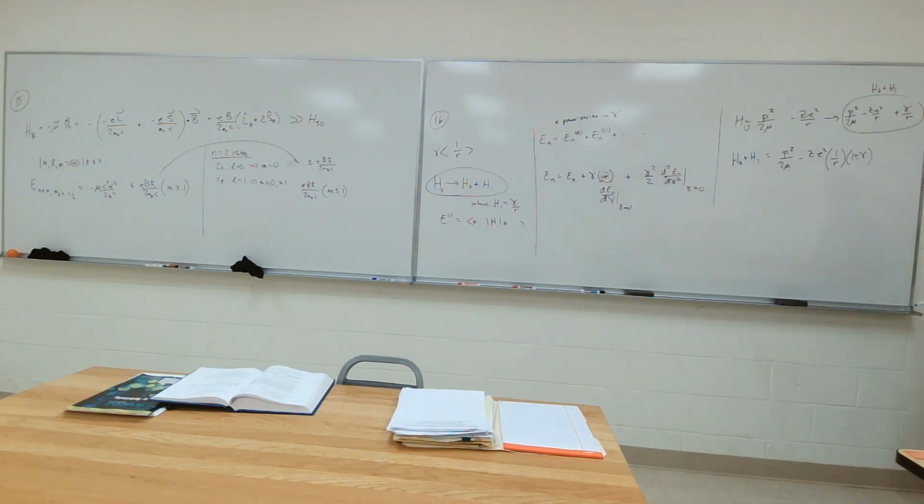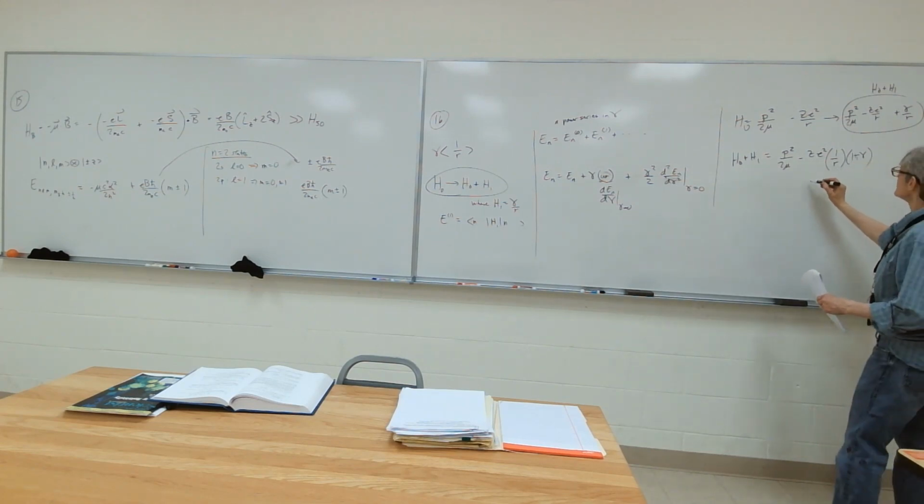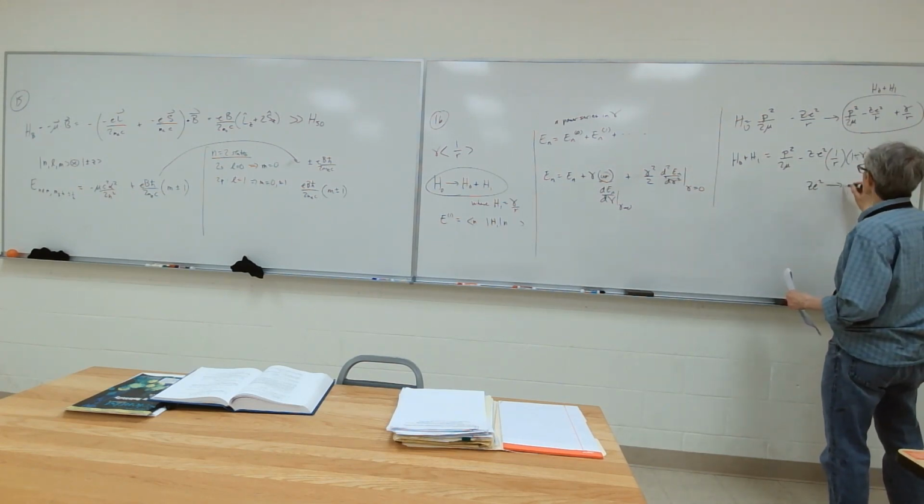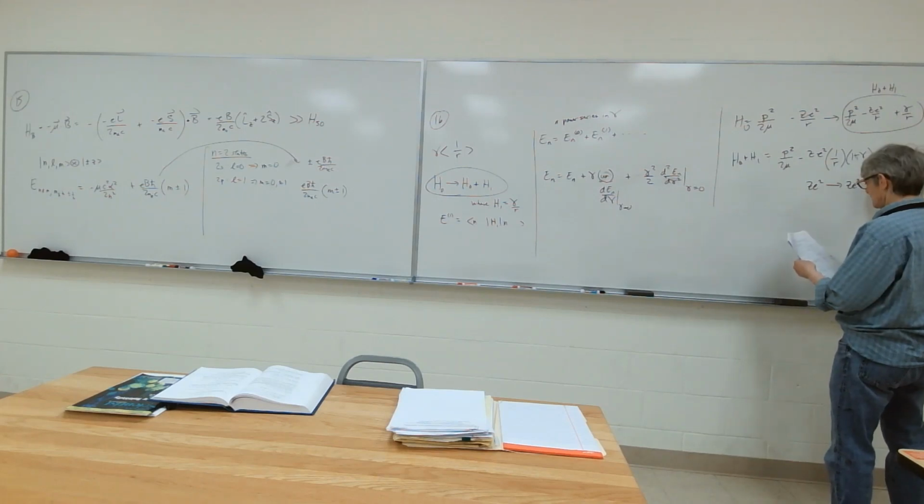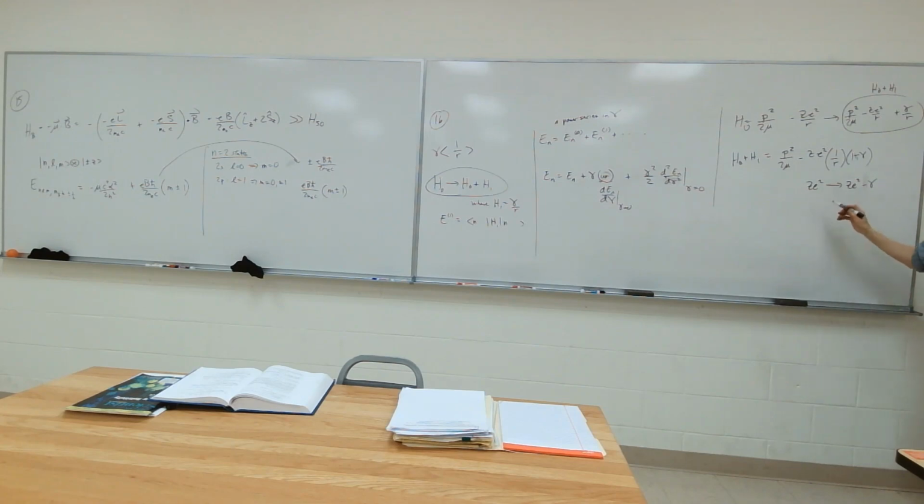In other words, all we've done is change the constant out in front of the 1 over R. So Z e squared just went to Z e squared minus gamma. In the final formula, it's just a constant.